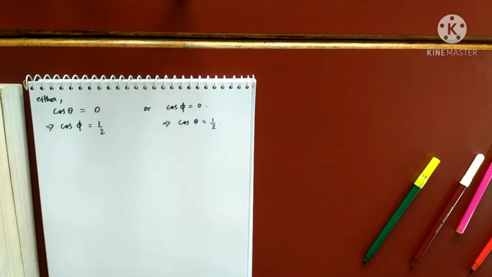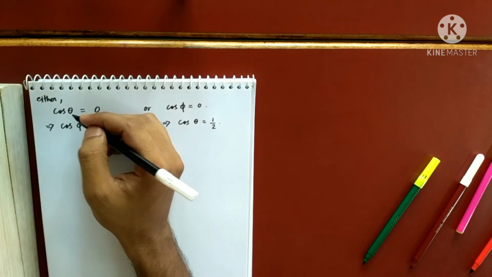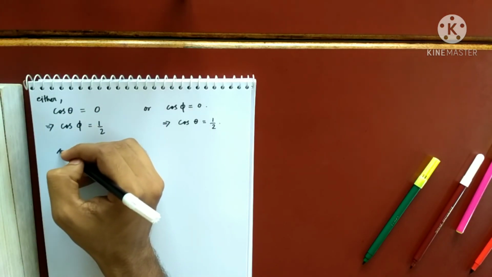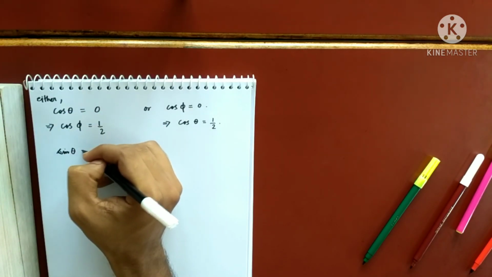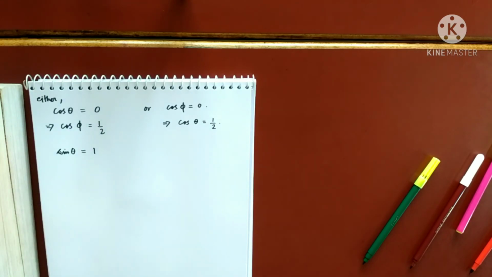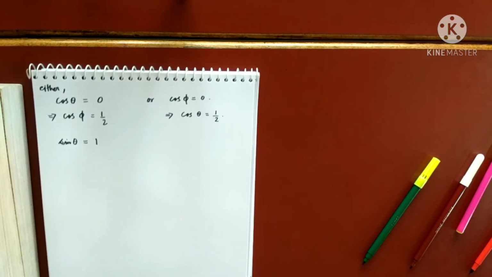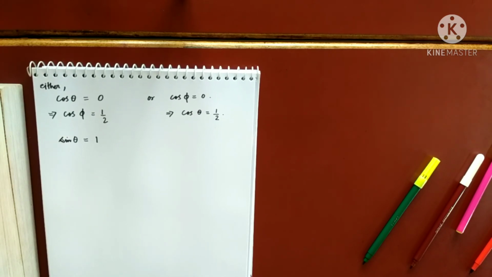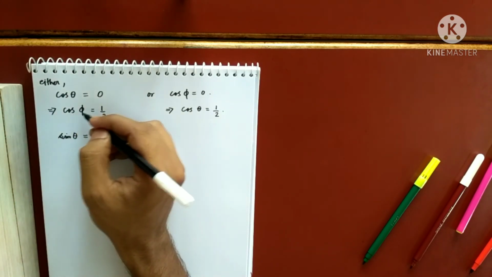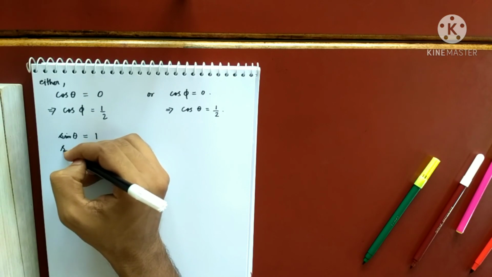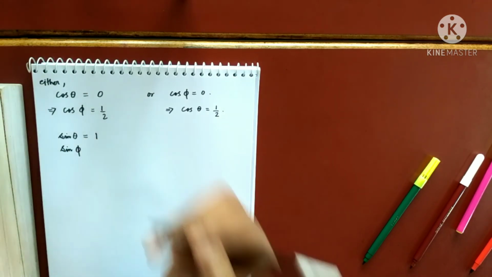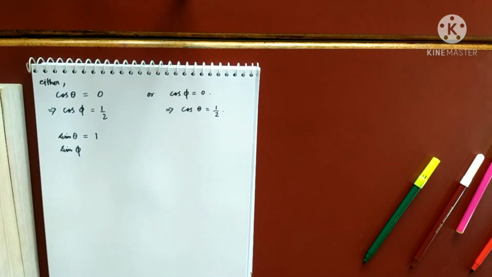Almost done. So when cos theta is 0, what is sin theta? You may do it: sin theta will be 1, using the fact that cos square theta plus sin square theta equals 1. And similarly, when cos phi is half, use the fact that cos square phi plus sin square phi equals 1.